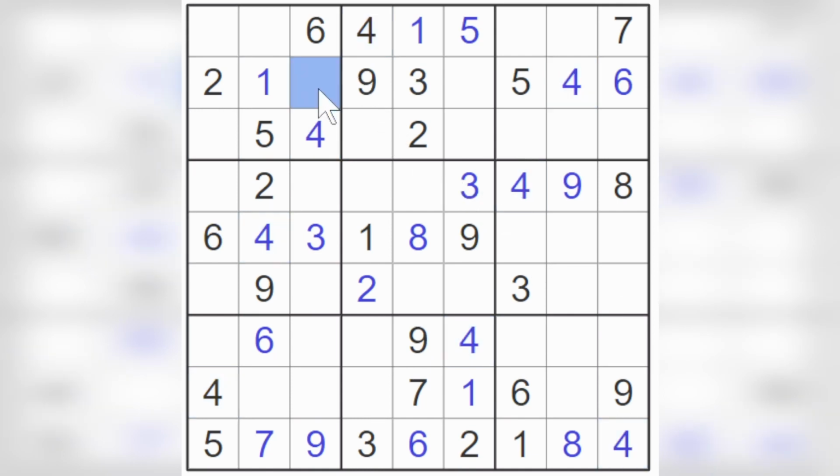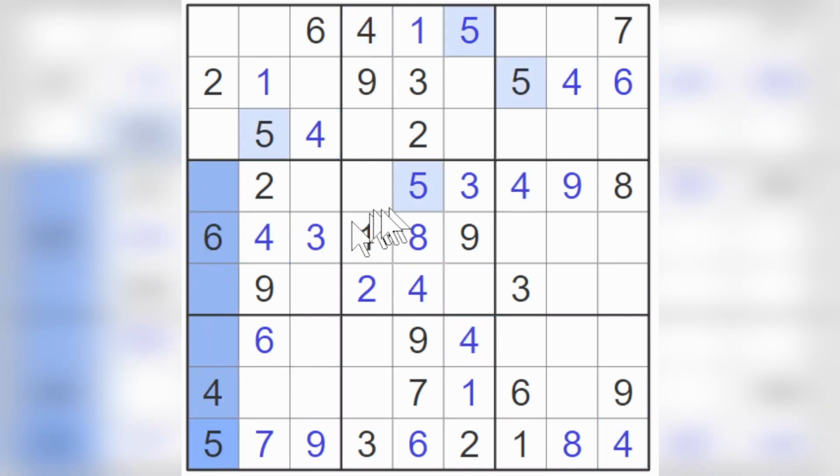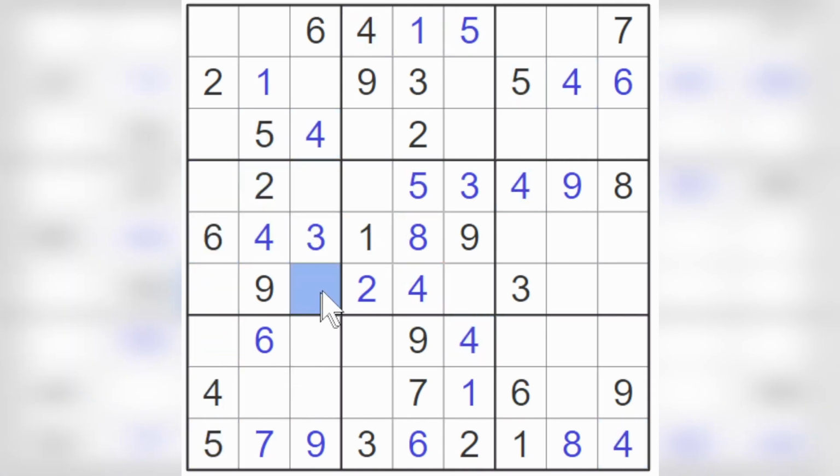How does that help us? 7, 8, 7, 8. 7, 6, 7, 6, 4, 5. Yes, the 4 blocking over now makes this a 5 and this a 4. And the 5 blocking up and over makes this a 5.